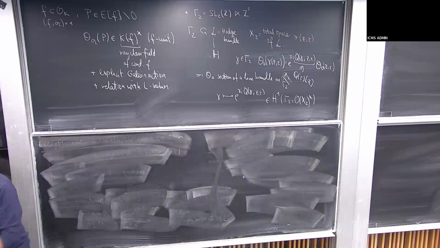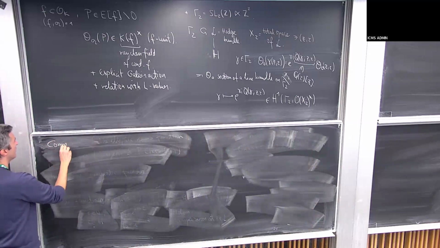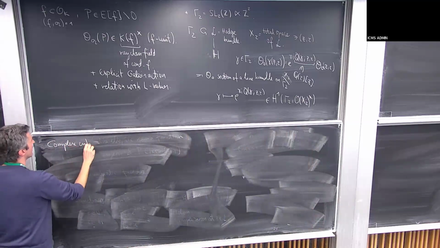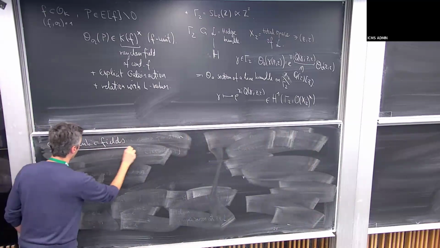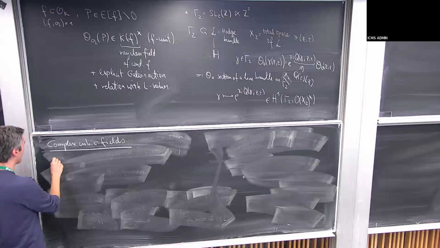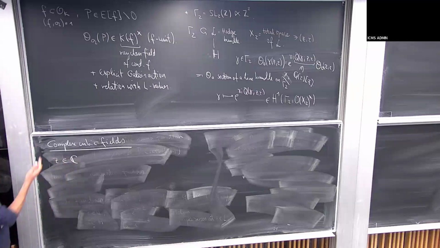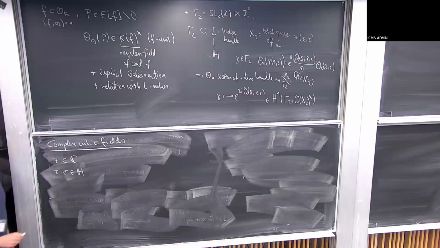Okay, so now I want to talk about complex cubic fields. Let me review some of what Pia said. So now I'm going to look at a certain function of 3 variables. z will still be a complex number, and tau and sigma will be in the upper half plane.